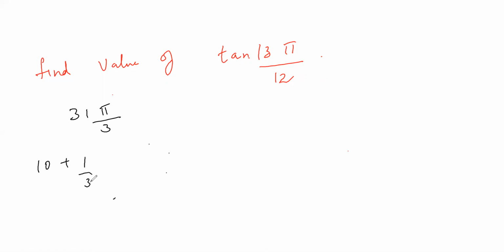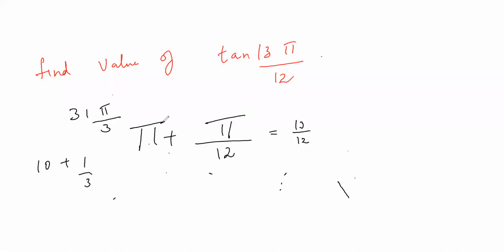So here similarly, what will I do? This is nothing but 12, 1 by 12, and this is 1. Correct? 1 plus 1 by 12 is 13 by 12. Now I'll replace this 1 with pi, and this with pi.